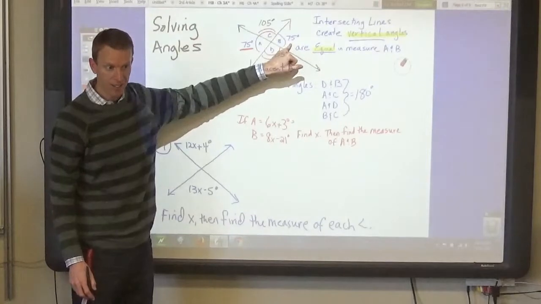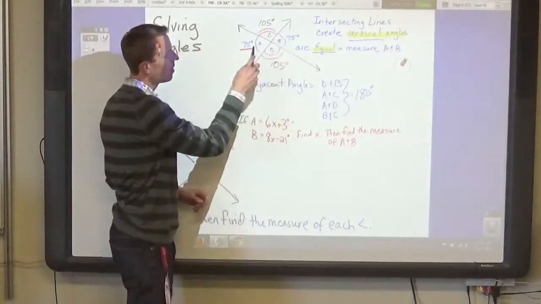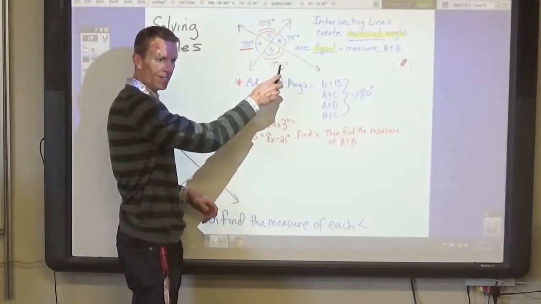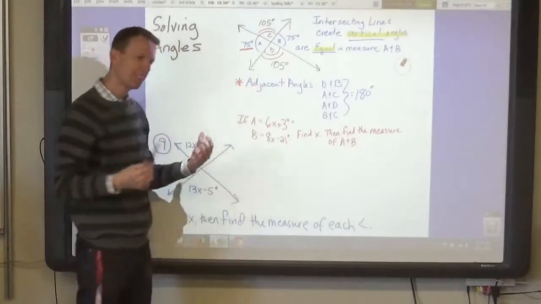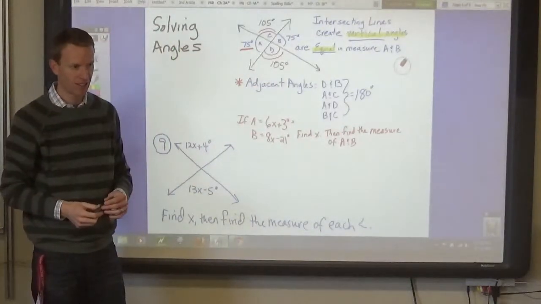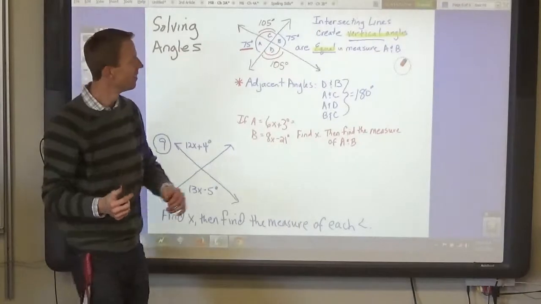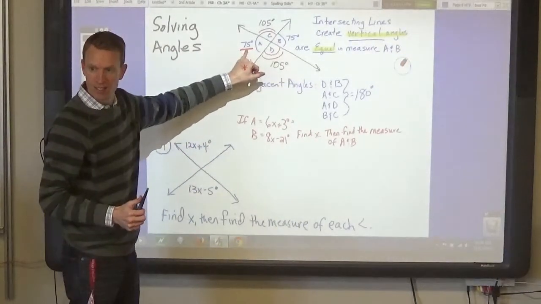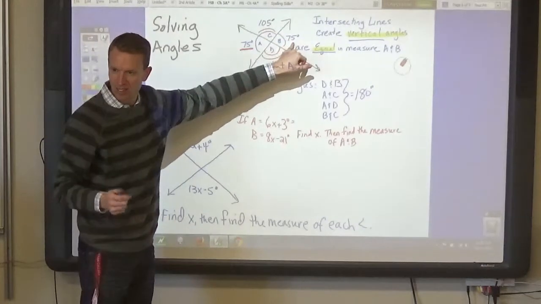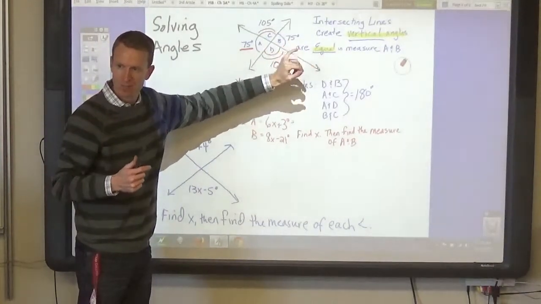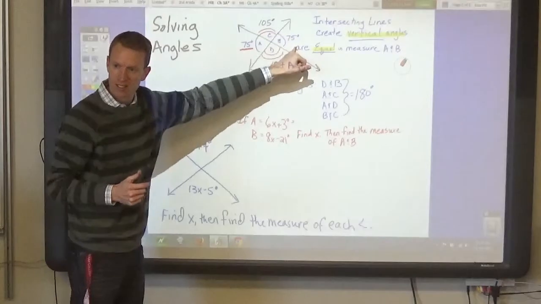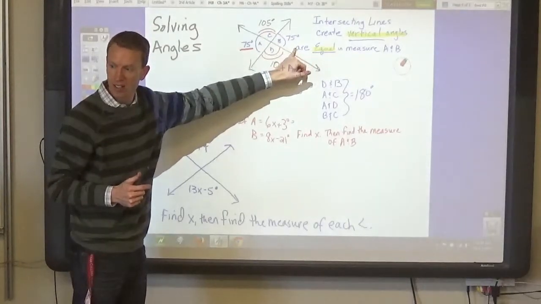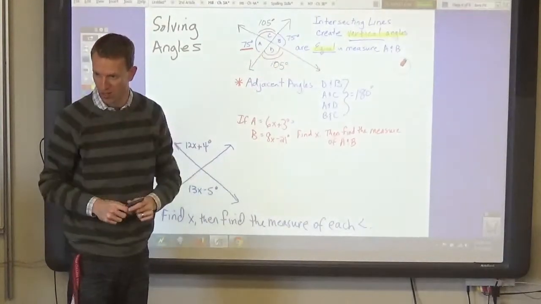They have to be equal because the one next to it adds up to 180. Isn't that cool? So, if you know the measure of one, you know the measure of the other, because they are opposite and they are equal.